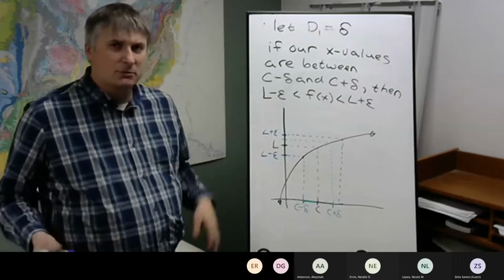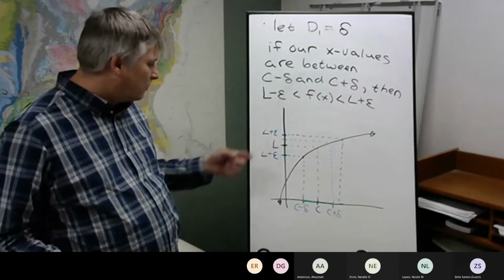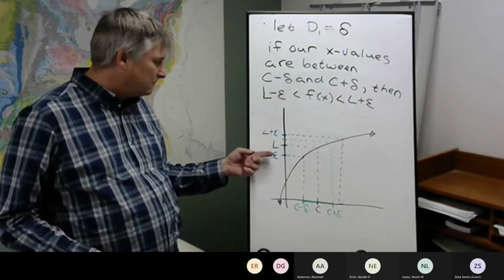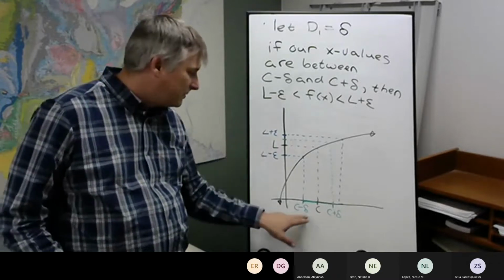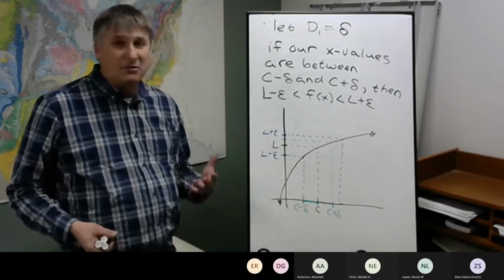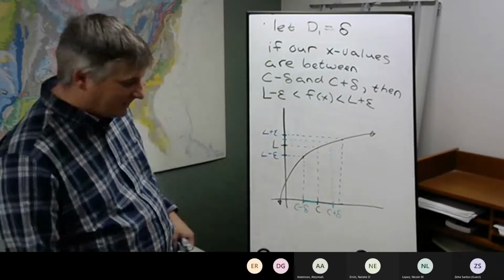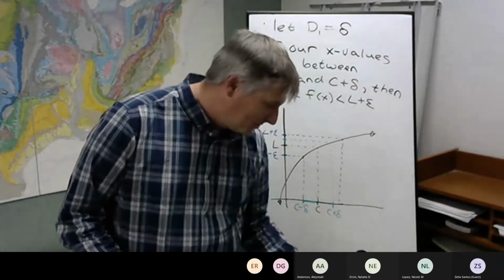We want to identify, once we decide how close we want our function to be to L, the interval of x values that allow this to happen.